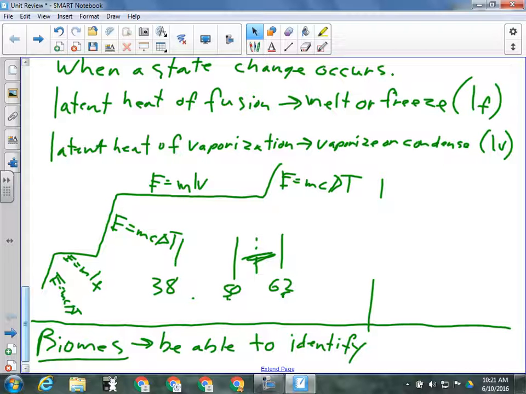This is the shortest of your 4 tests. There's 25 multiple choice, and there's 9 written.